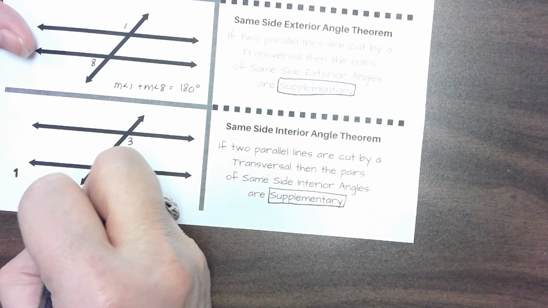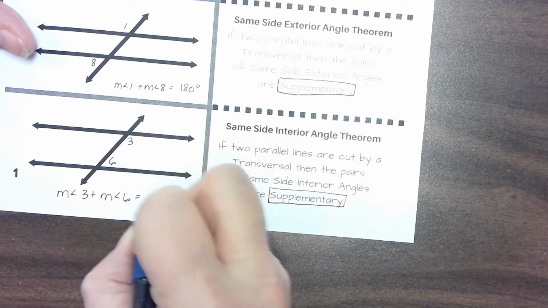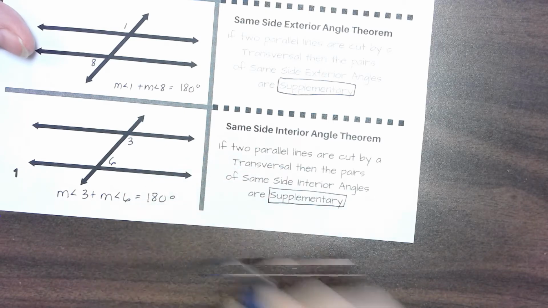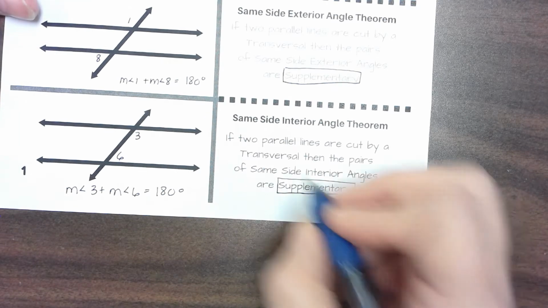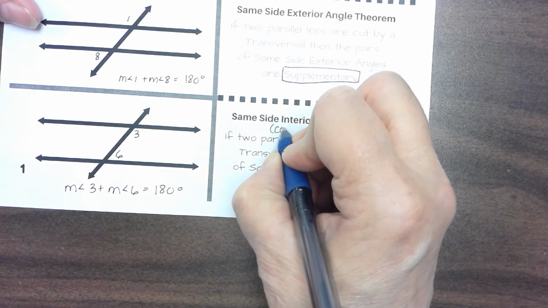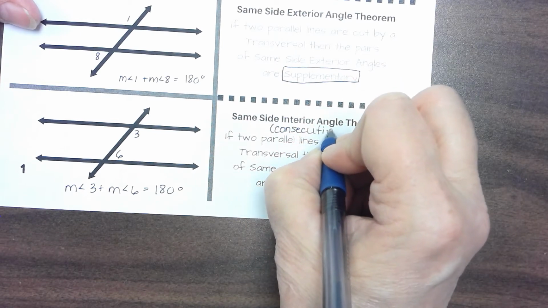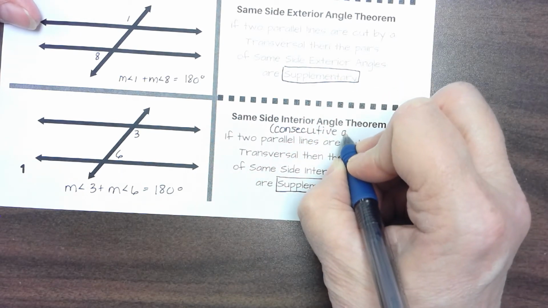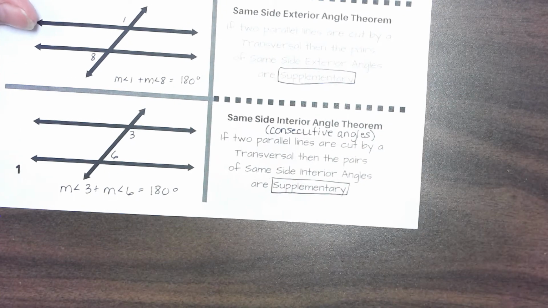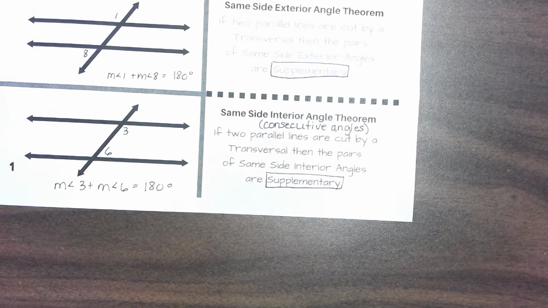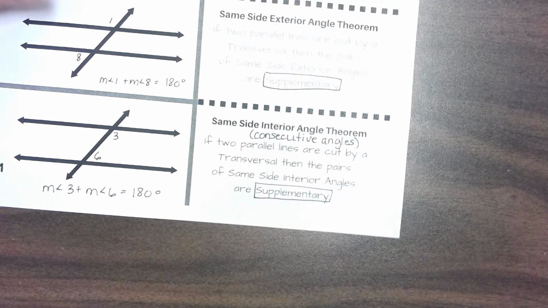The measure of angle 3 plus the measure of angle 6 is equal to 180 degrees, and these are our supplements. Sometimes these are called consecutive angles, so these would be consecutive interior angles, and sometimes you see it both ways in the writing.